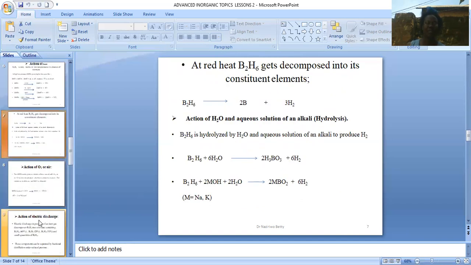At red heat, diborane is decomposed into its constituents, boron and hydrogen. Action of water and aqueous alkali: when we react diborane with water, it produces hydrogen. Also, the action of an alkali will produce hydrogen.